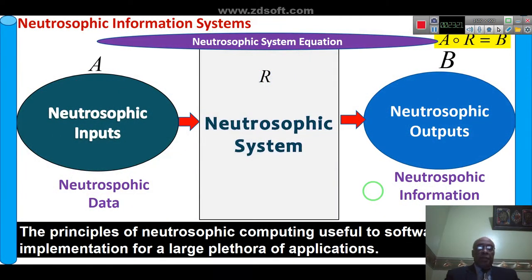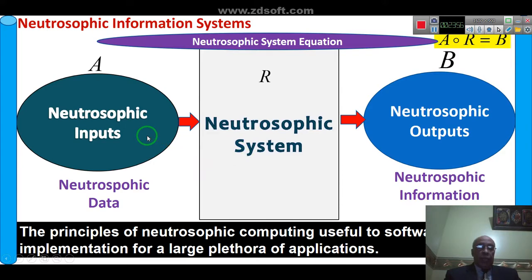Neutrosophic information system, from neutrosophic inputs or neutrosophic data to the neutrosophic system R, to neutrosophic outputs B. The neutrosophic system equation: A circle R equals B. Circle is an operation or processing in the neutrosophic system.